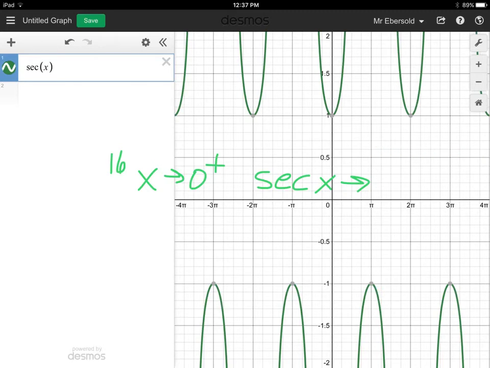But what we're really concerned about when we talk about this kind of notation is x values that are super, super, super close to 0. And so, but still coming from the positive side. So we're over here. And as we get closer and closer to x equals 0 there, you can see that secant of x approaches 1.